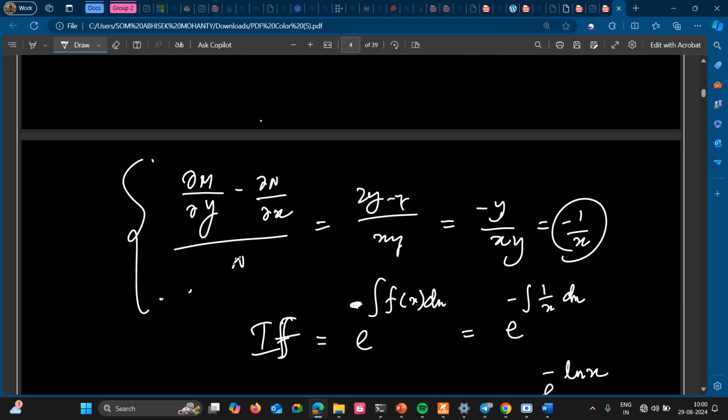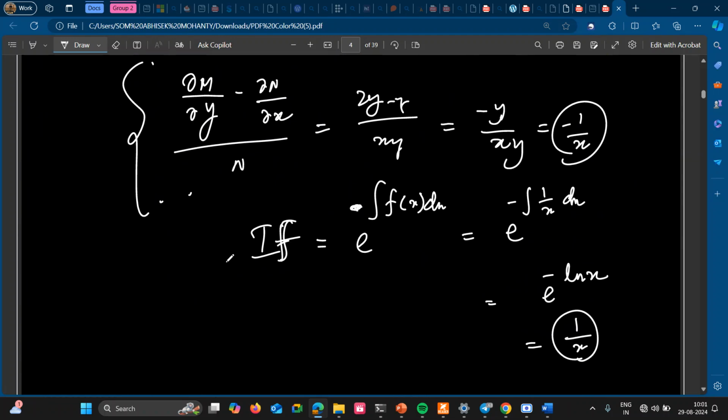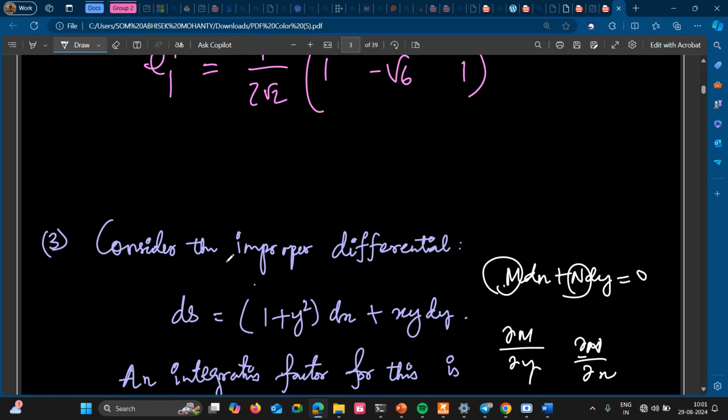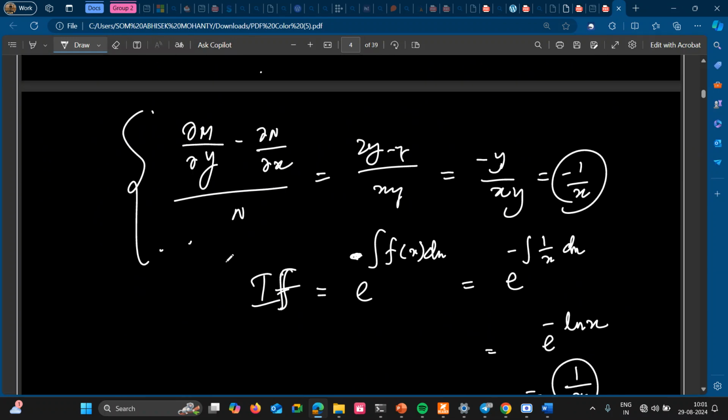Then please tell me which formula to use here. Consider the improper differential here. If I'm making any mistake, please let me know.